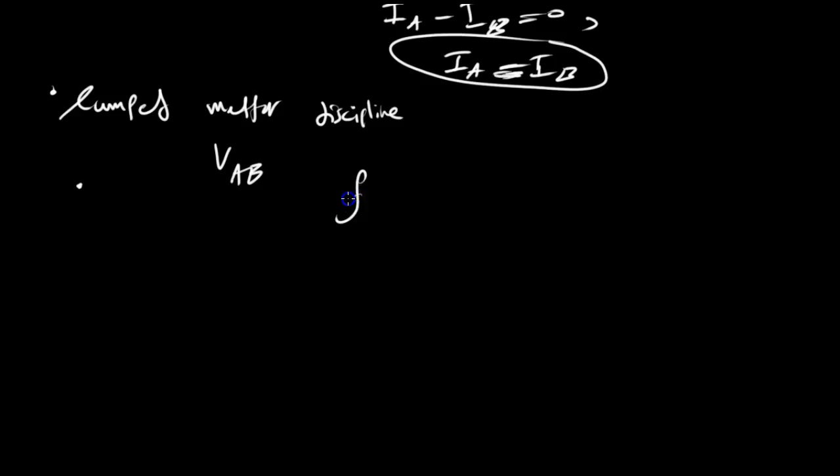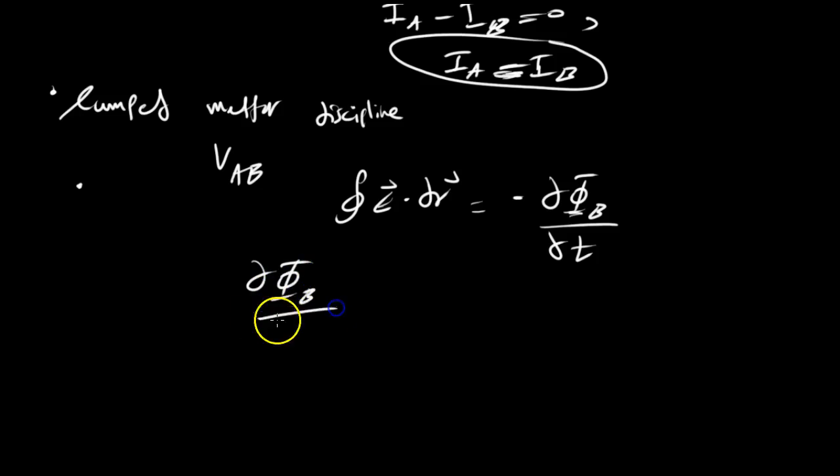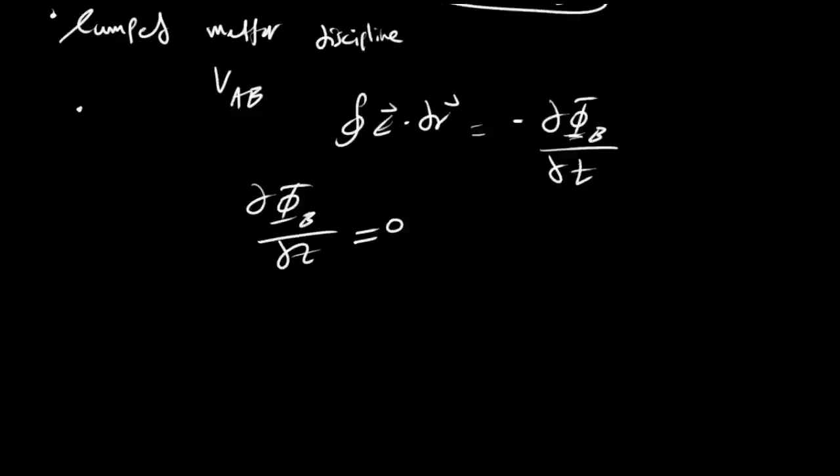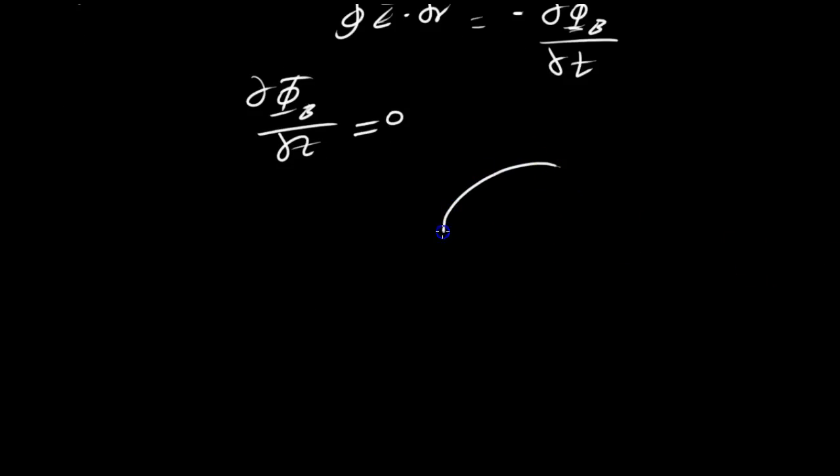It's defined as the integral of E dot dr, being the rate of change of the magnetic flux with respect to time. What we're going to assume is that there's no rate of change of magnetic flux. Because if you remember, the rate of change of magnetic flux induces a voltage from previous examples that we talked about in the previous video.